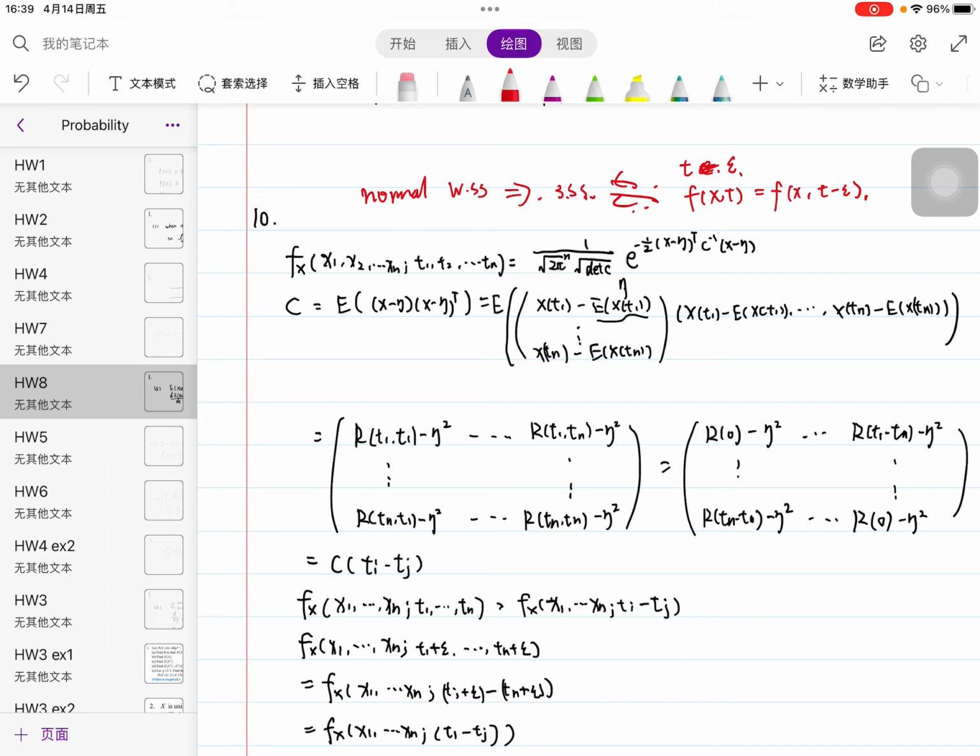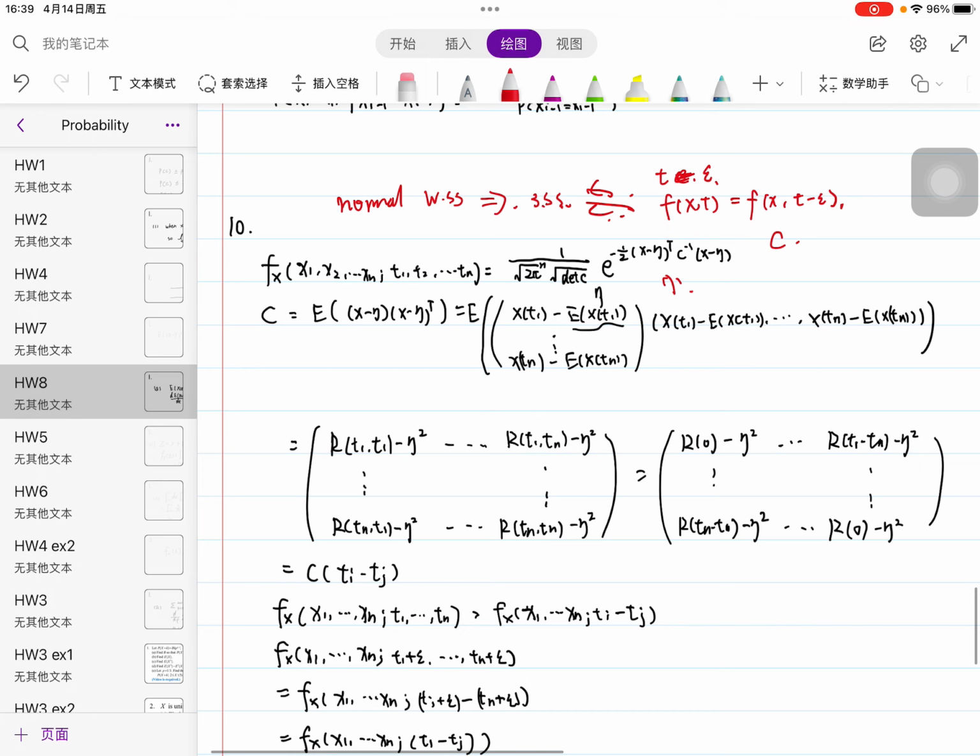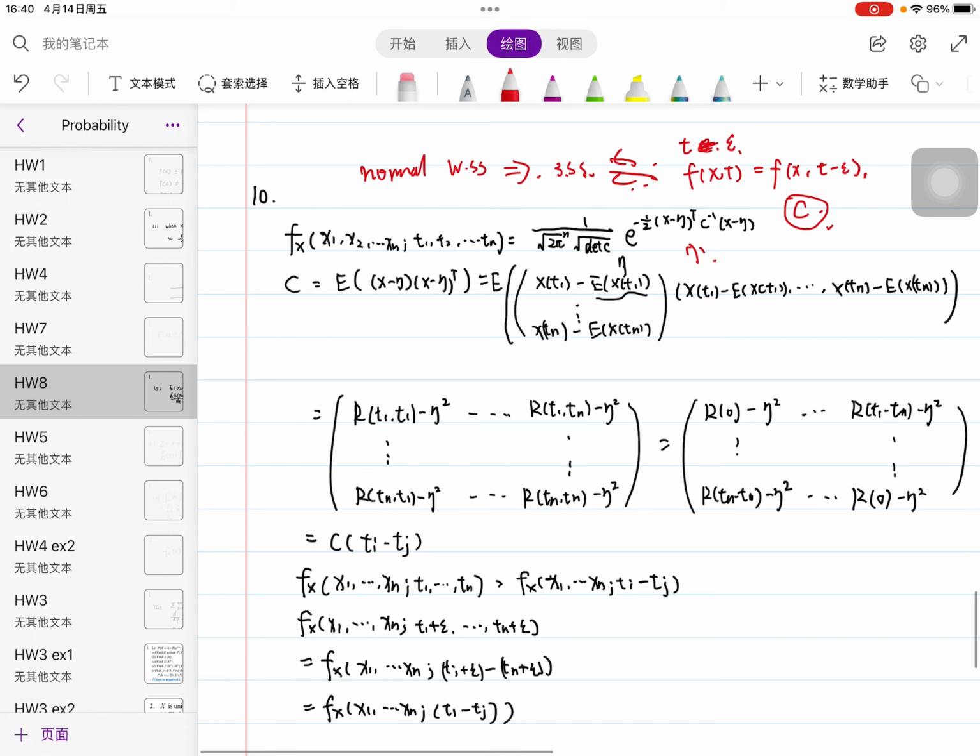And here, based on the slide, we have an expression that is this. C here is the auto covariance matrix, and DT is the determinant of this matrix.